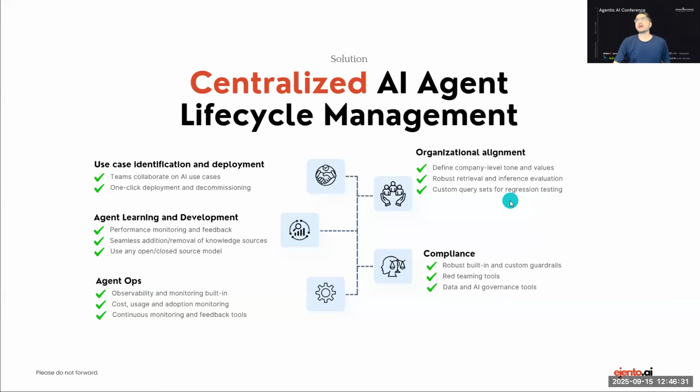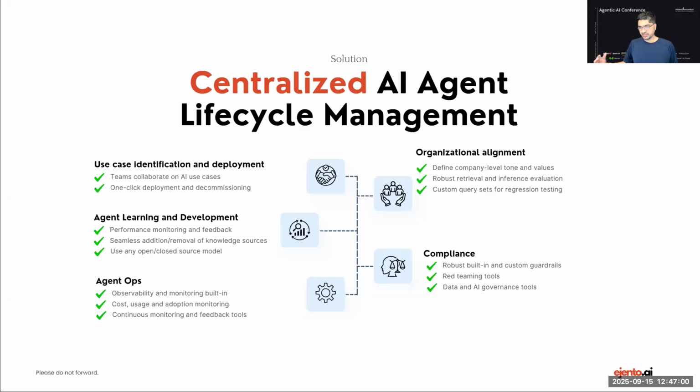And the way Ejento works is that instead of letting everyone just go and deploy their agents, it is basically the IT and the subject matter experts at a company. Let's say company X, a 10,000 person company. There are only 10 or 15 people who are building these agents, along with some of the subject matter experts.